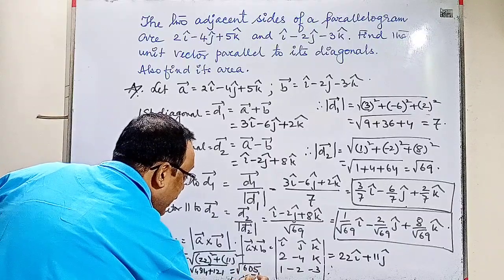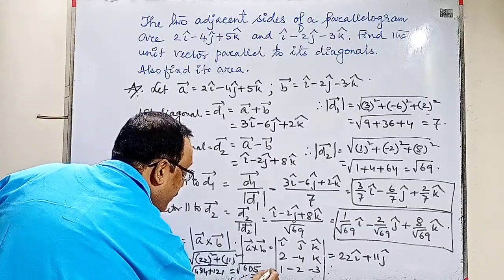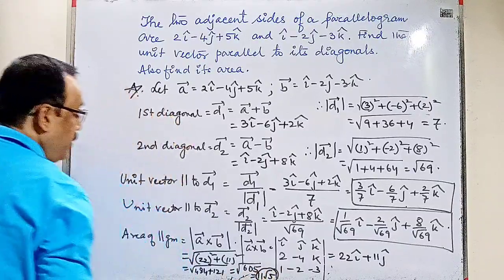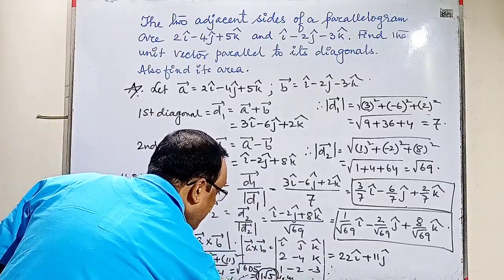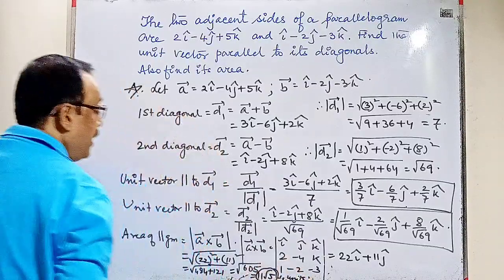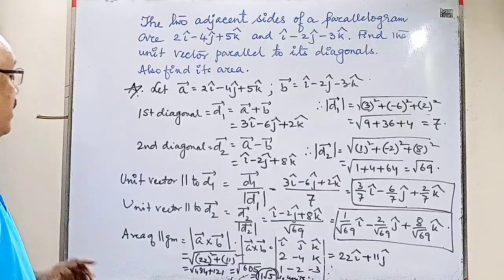So that will be 11 root 5. So that is my answer, 11 root 5. This much square units will be the area of this parallelogram.